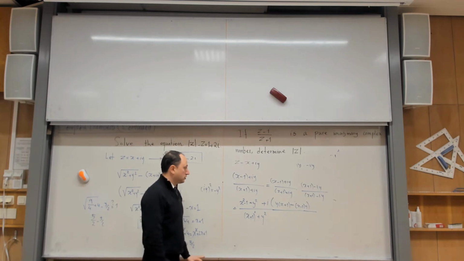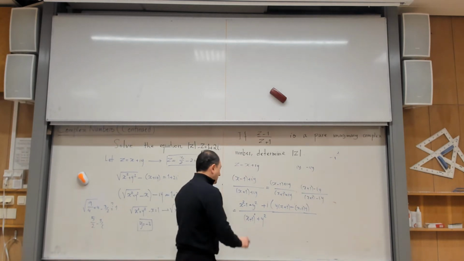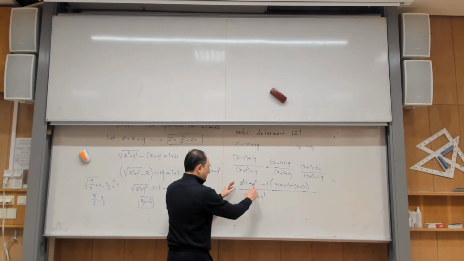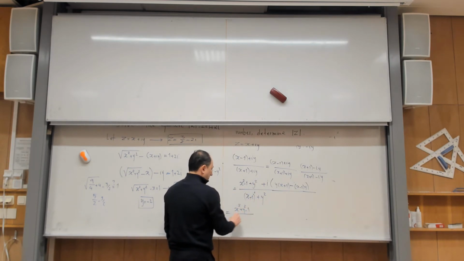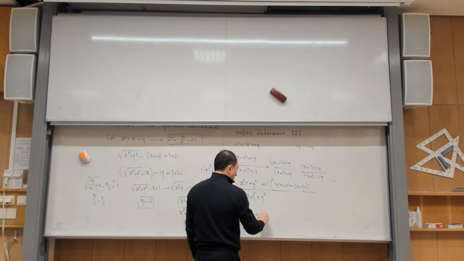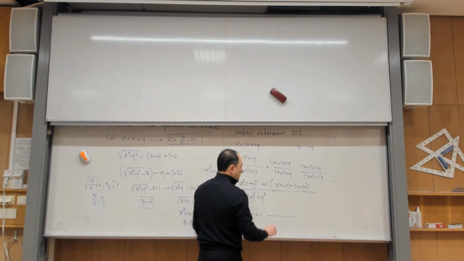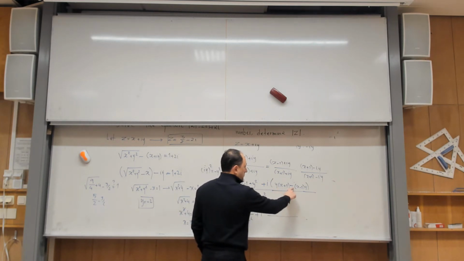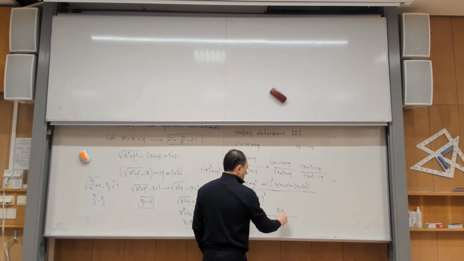Okay. So now, what can I do? If you want, I can simplify it a little bit more. This expression divided by that expression. This is my real part. The imaginary part is this part. So if you want, I can multiply: yx minus yx cancel, y plus y is 2y.